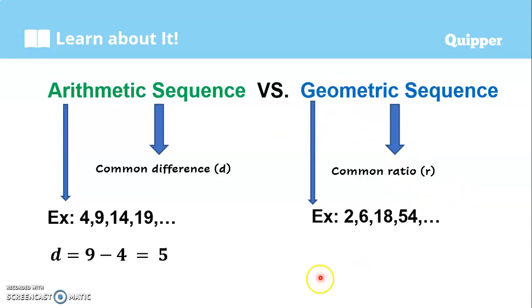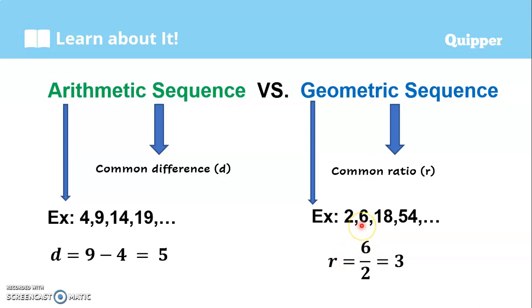However, for geometric sequence, example 2, 6, 18, 54. And so if we subtract 6 and 2, so 6 minus 2, that's 4. 18 minus 6, that's 12. Not a common difference. Okay?